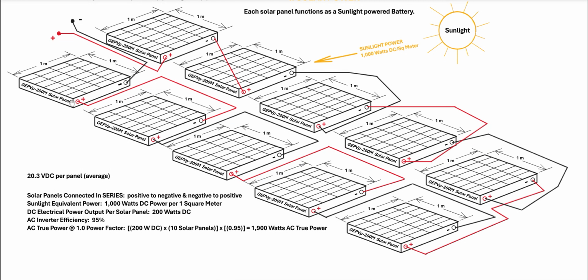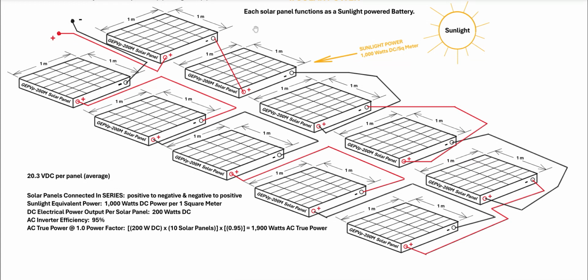So if we started on the first panel, positive goes to negative, and then negative goes through the panel itself and comes back to positive, then positive is then going to negative, and so on and so forth. So we end up completing the entire circuit as a continuity circuit, meaning none of these solar panels can fail, or else the entire configuration fails as well.